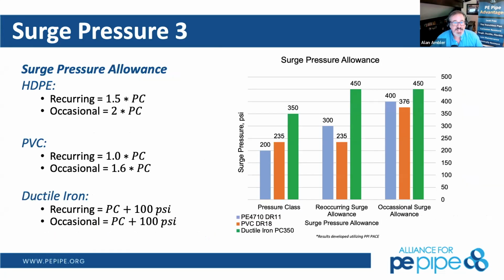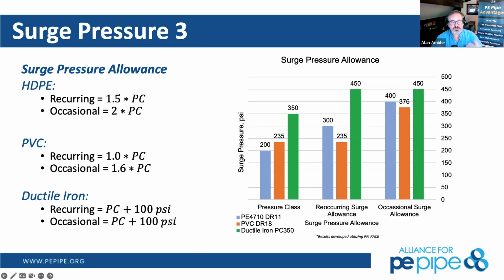That change in viscoelastic behavior and that modulus of elasticity actually is lower than the other 2 competing pipe materials, being PVC and ductile iron, but it allows us the opportunity to attenuate that surge. So there's less actual pressure increase with a higher velocity change within HDPE. What's interesting and confusing for a lot is the way that these are actually calculated at AWWA.